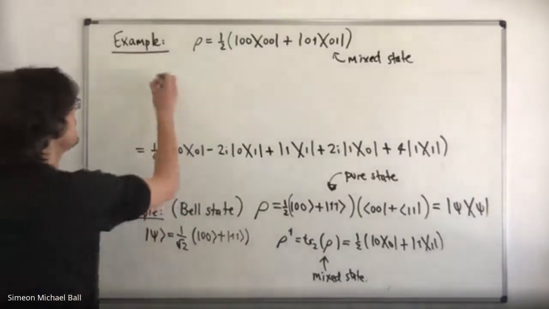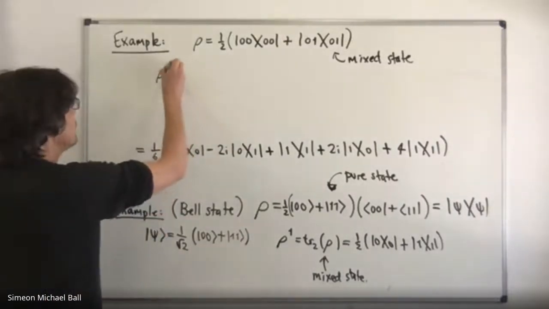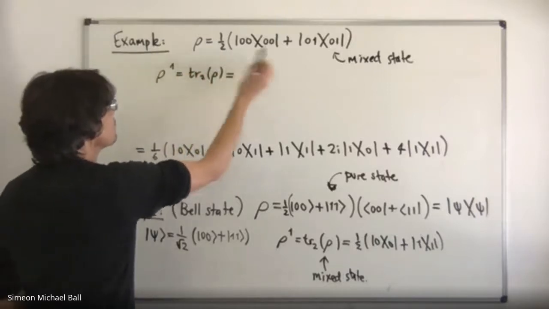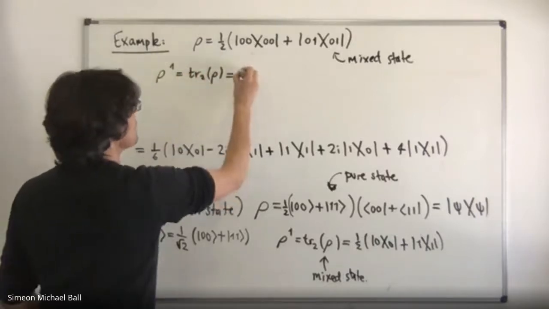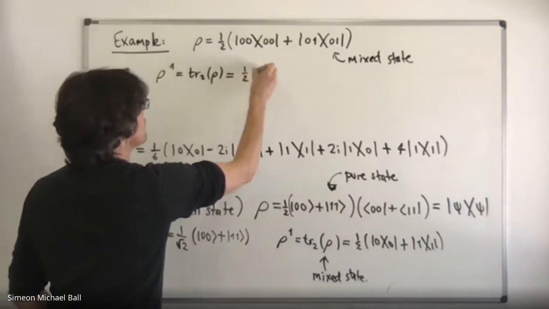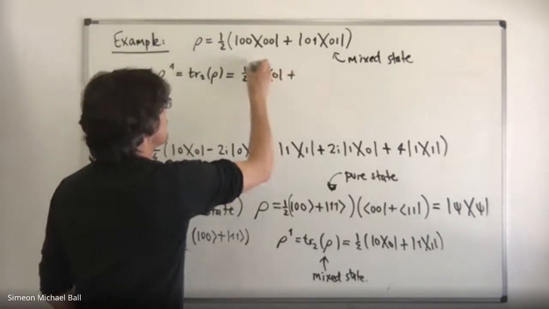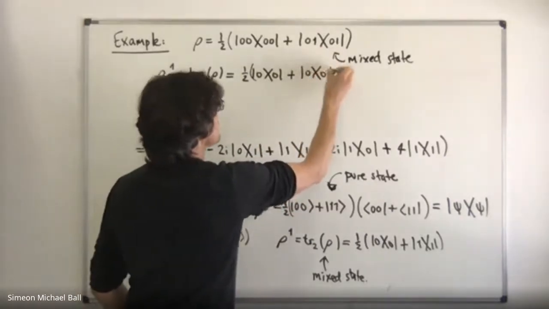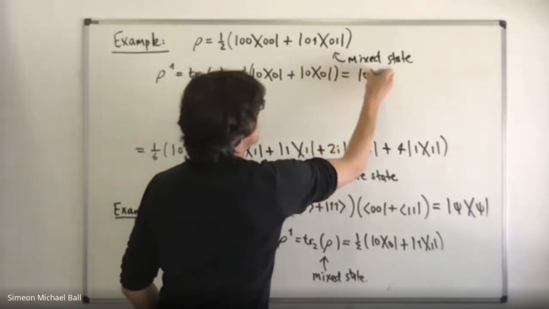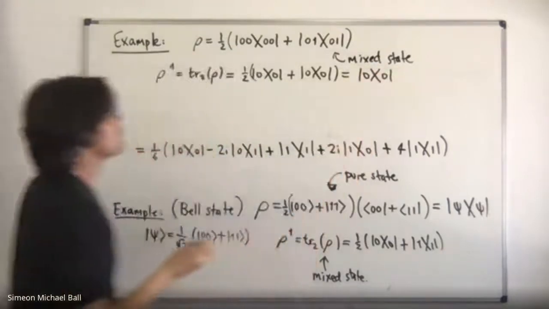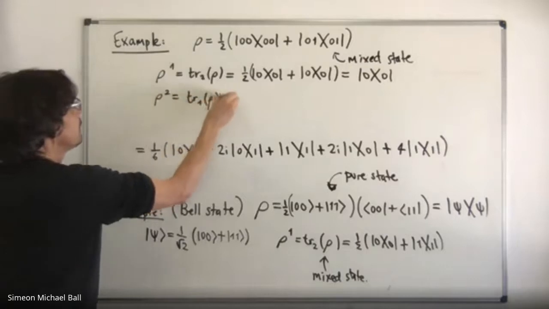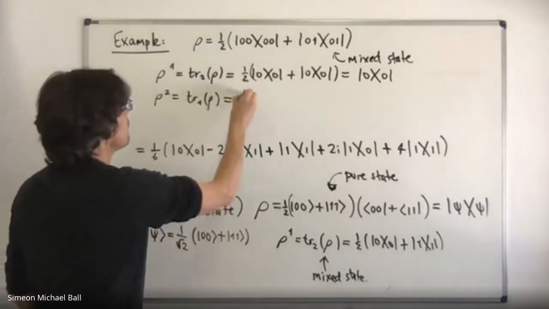And how would it be here, rho 1, if we trace out the second system? Of course, I've set it up in such a way that straight away you see that this is a half 0, 0 from the first term, and also from the second term, and so I'm in the pure state 0, 0. Whilst if I go on the other one, then I end up with a mixed state.